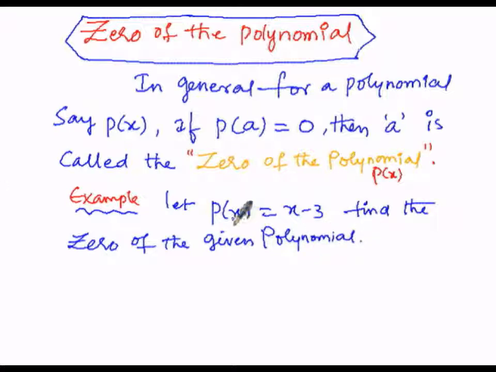Here the given polynomial is p of x, which is nothing but x minus 3. Polynomial means an expression consisting of 2 or more terms. So this polynomial consists of 2 terms, the first term is x and the second term is 3, separated by a negative sign, that is minus.